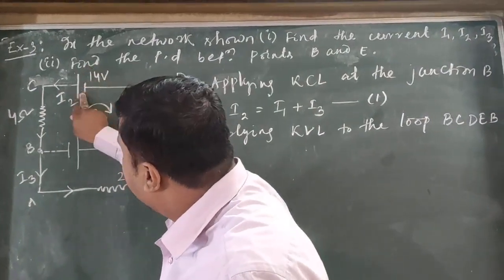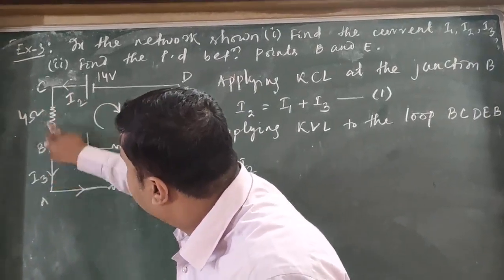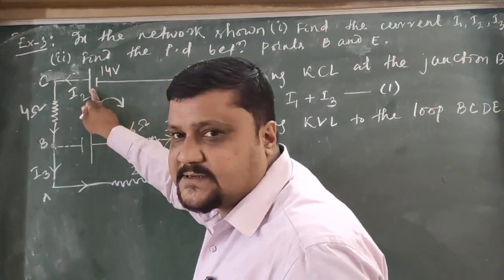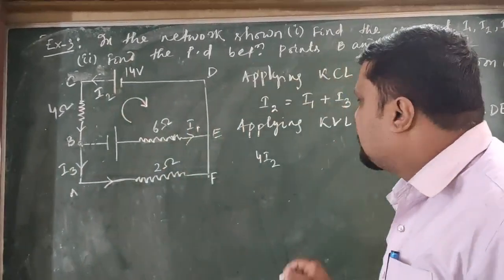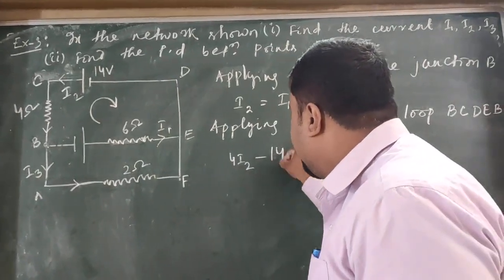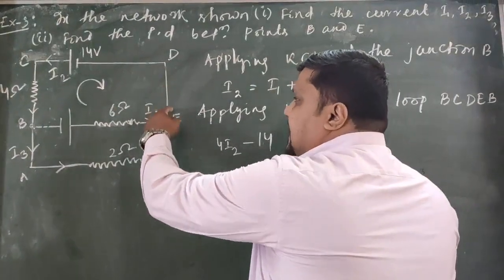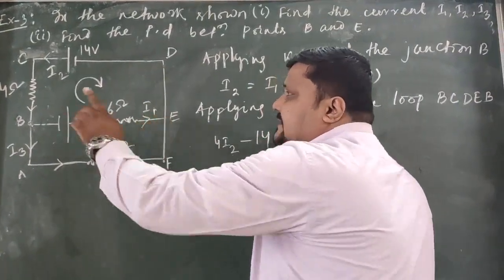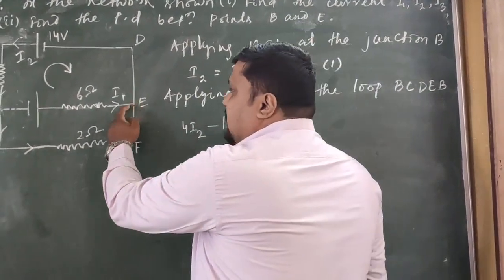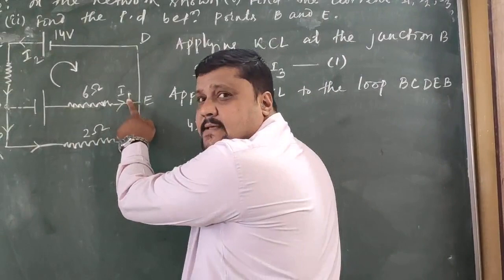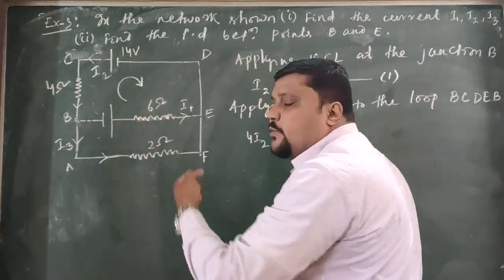Then you come to this cell. Your path is along this direction, from B to C, C to D, and the positive terminal comes first, so the EMF will be minus 2. Then comes along the path D; there is no resistor, so we take no potential. Then along this path I1, and your path is from E to B, so I1 flows opposite to your path.